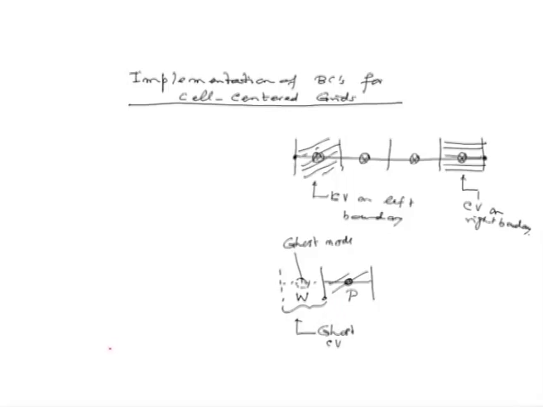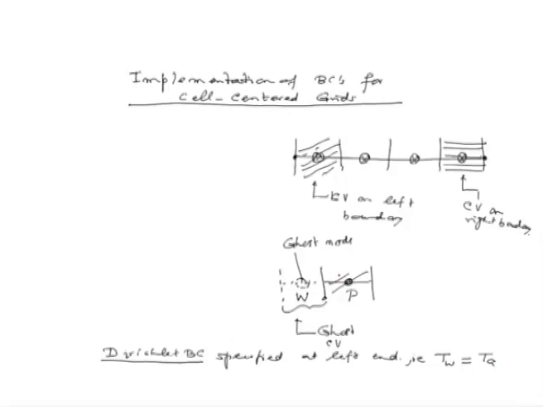So, suppose we had Dirichlet BC specified at the left end. What we are given is T at small w, that is given as the boundary condition TA. So, how do we incorporate it?